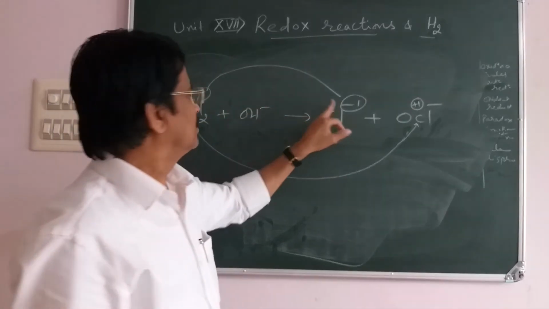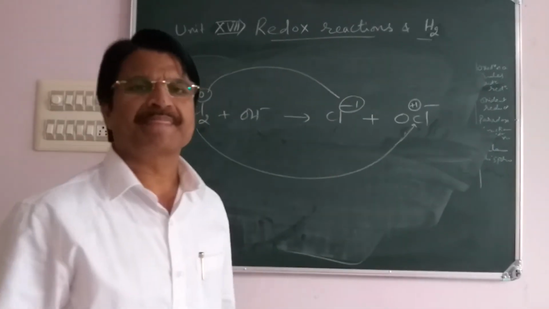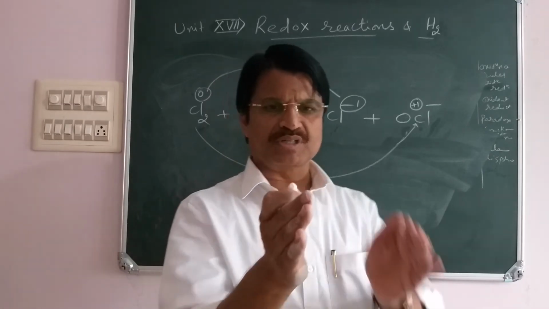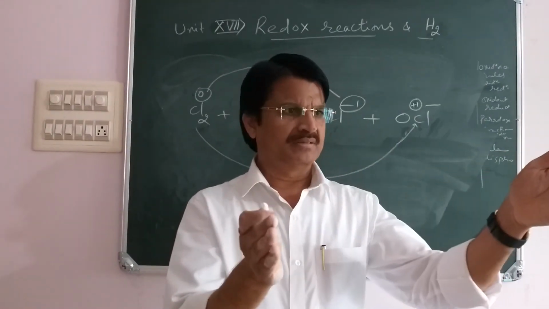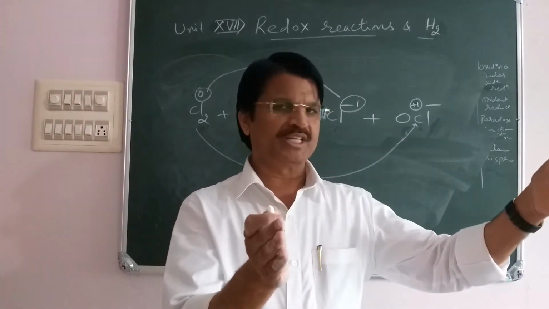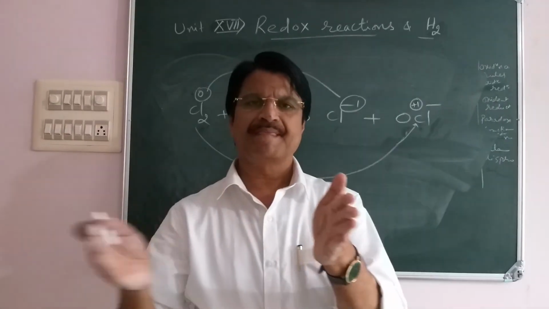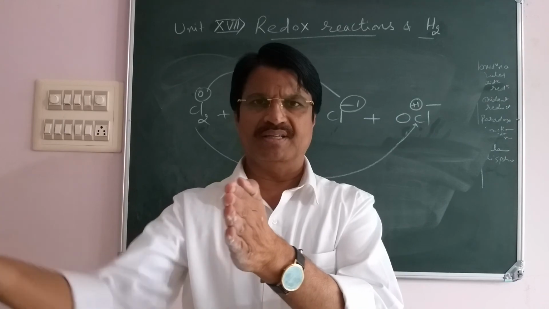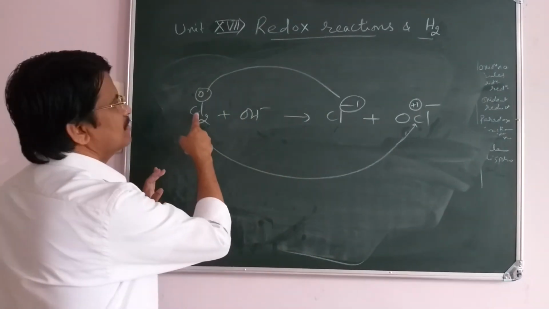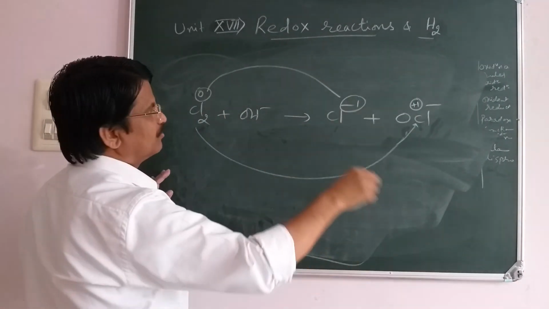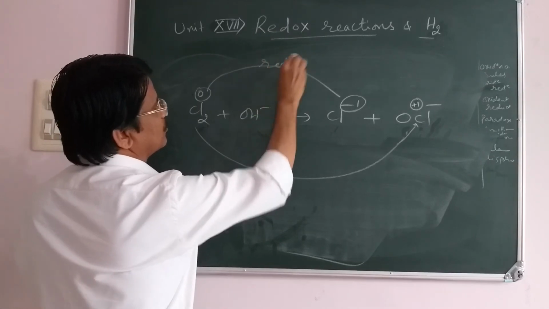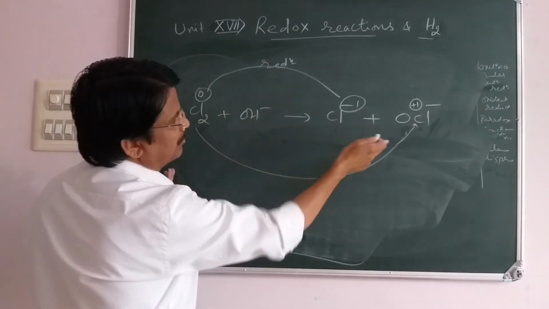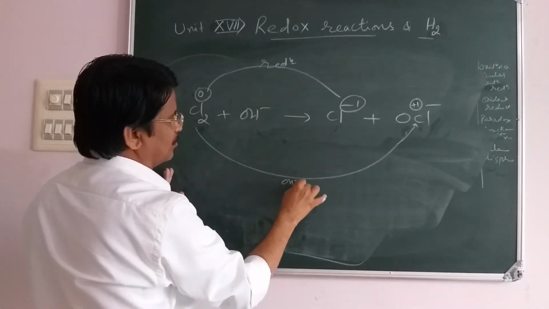Now consider this as 0. 0 to minus 1, 0 to plus 1. 0 to minus 1 is a decrease, therefore reduction. 0 to plus 1 is an increase, oxidation.